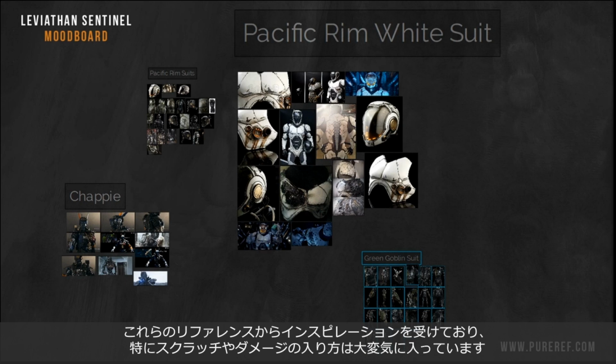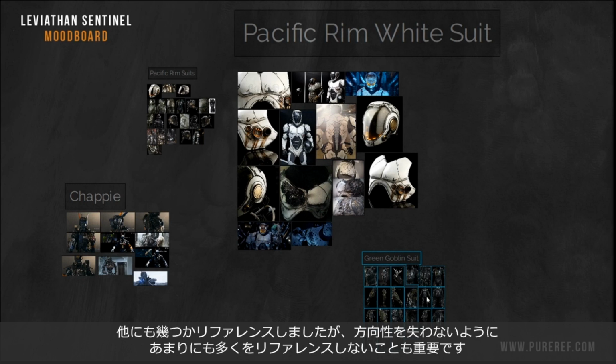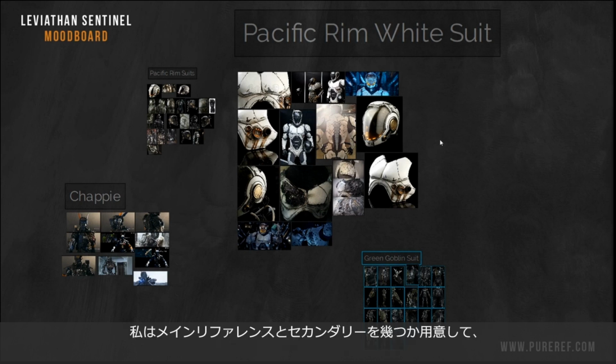I loved the scratches, and I found so many good references online for the different damage states. I also had some different ones here for different materials. One thing with references is you have to be careful to not have way too much, because sometimes you can get lost. What I usually do is have one main reference and some secondary ones.